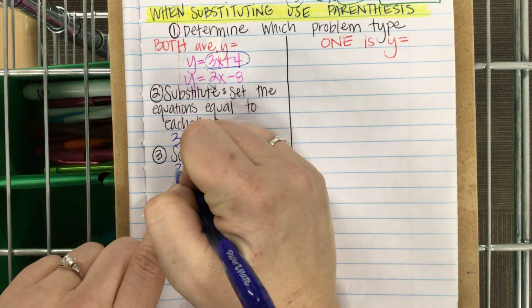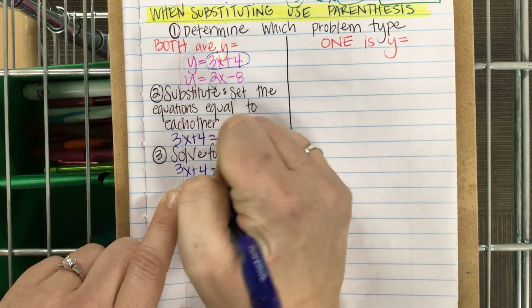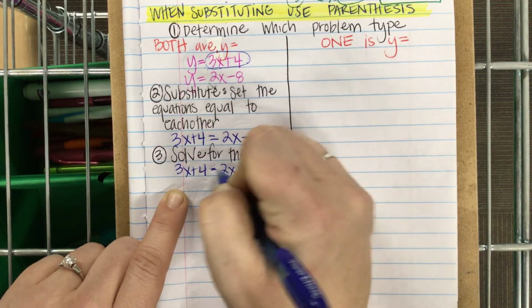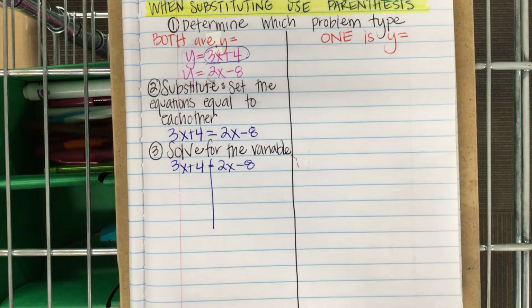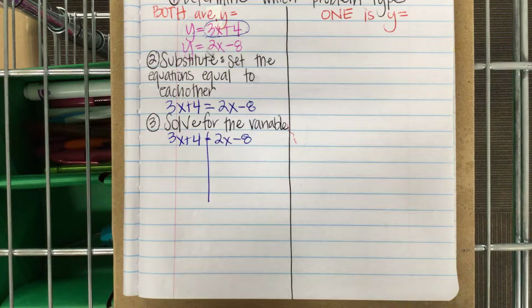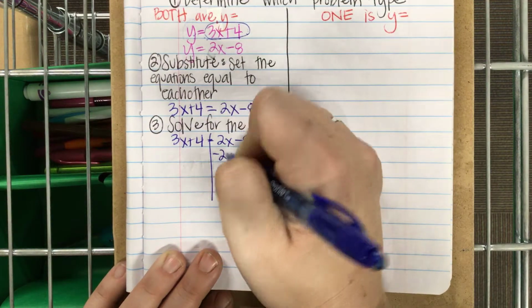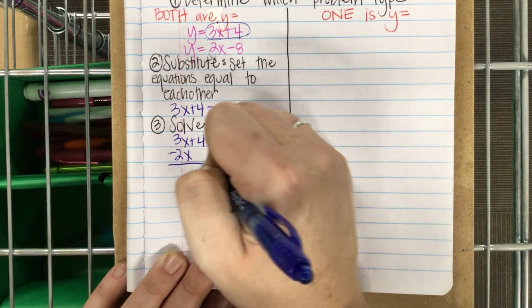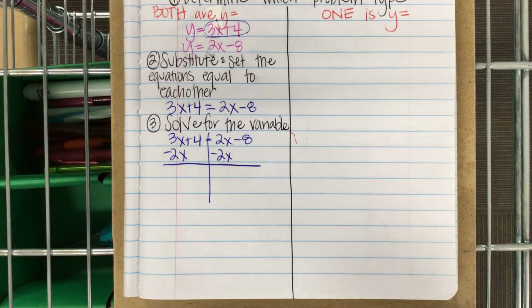Because here is where it all comes back. What do you do? Combine like terms. I have to move the variables from one side to the other. I have to get them together. I'm going to move minus 2x because I like to move the smaller one. But it doesn't really matter what you do.